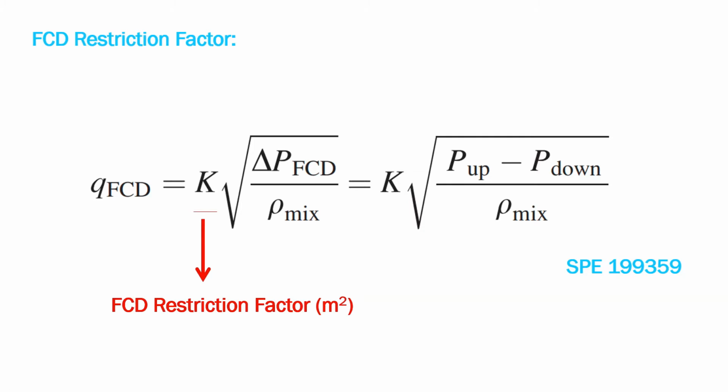The difference between this K and the pressure loss coefficient is that the pressure loss coefficient is unitless, or dimensionless, but K has a unit of meter squared. With the pressure loss coefficient, you need the area of the nozzle to calculate the delta P. The problem is that most service providers would not provide the user the area A, as it's kind of a secret part of their design.